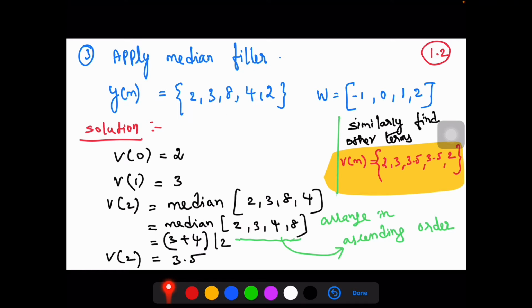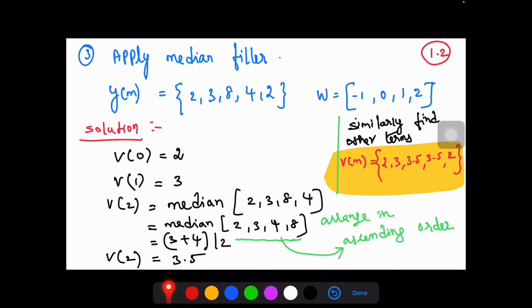Since you have a window of 4, you have to take 4 values there. When you take the first 4 values, arrange them in ascending order and find the middle value. Here the middle values are 3 and 4, since it's an even number, so add them and divide by 2, that is, take the average. So that's 3.5. Similarly, for the next term you also get 3.5, and so on. This is how you proceed when you are given an even window.